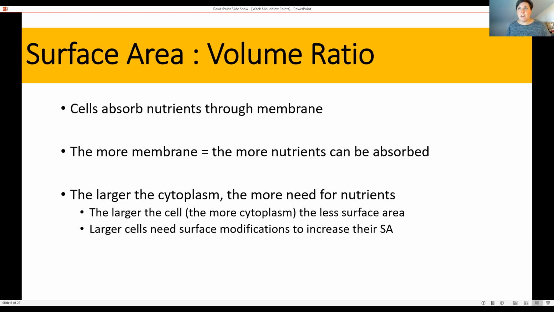But another reason I want to emphasize this: I was talking to one of my best friends, Professor Chi-Chi, some of you have her for lab, but she is also our 182 professor here. I meet with her quite often. We were talking yesterday about surface area to volume ratio because we're dorks.